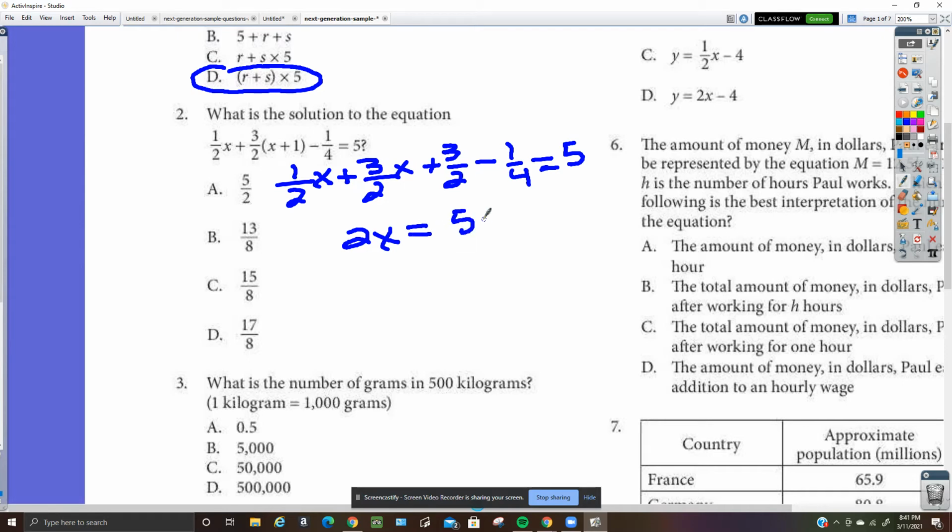So 5 minus 3/2 and plus 1/4. So if you make 4 the common denominator, you have to multiply 5 times 4, which is 20. Multiply this by 2. And that's already over 4.